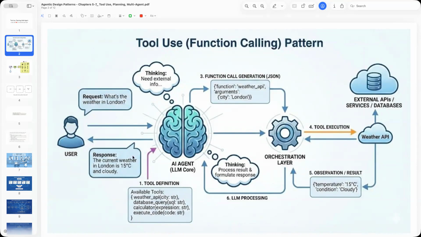So, like right here, we have the tool definition. This stuff is embedded into the LLM context. So now the LLM has an idea of what tools are available, does the function call, the tool executes, results, and we feed it back to the LLM to get the final output.